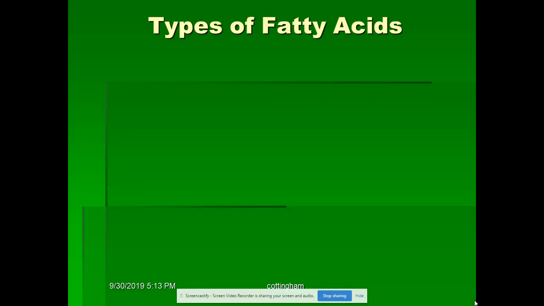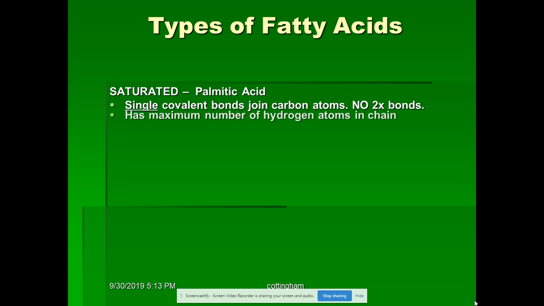All right, so again, saturated fatty acid is a palmitic acid. The first 2 that you see here are both structural. So take a look at your fatty acids. Single covalent bonds join the carbon atoms, no double bond. And so therefore it has the maximum number of hydrogen atoms.